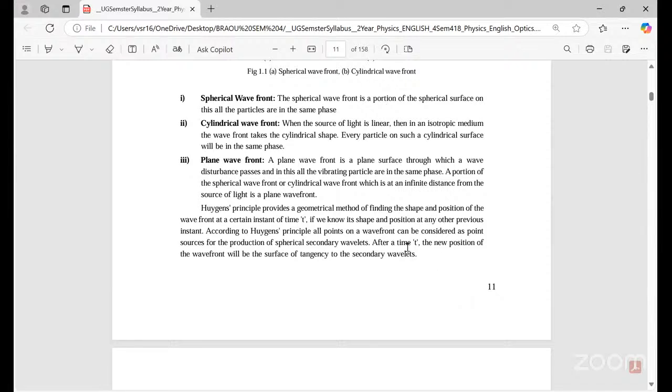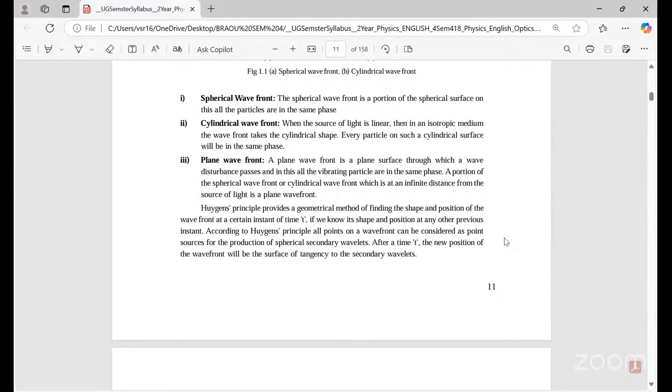And what do you mean by cylindrical wavefront? Cylindrical wavefront means when the source of light is linear, then in an isotropic medium the wavefront takes a cylindrical shape.